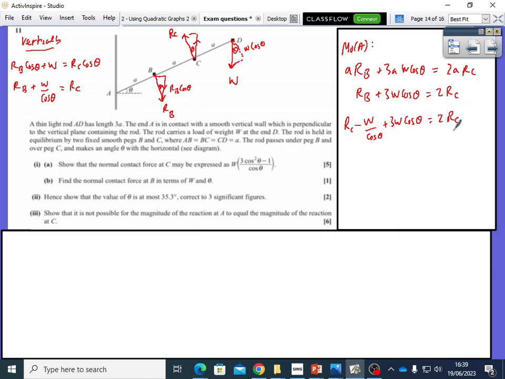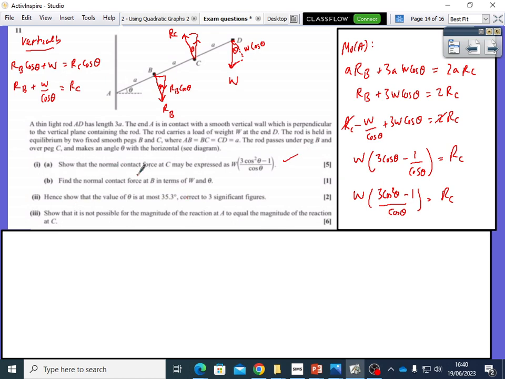So take RC from there, which gives me 1 RC, and factorize this, so I get W inside the bracket and I'll get 3 cos theta minus 1 over cos theta. That's going to be the normal reaction at C. We want to make it look like that form, so put it all over cos theta, so we get 3 cos squared theta minus 1 all over cos theta, and that's what you've got for RC. Okay, so we've got that.